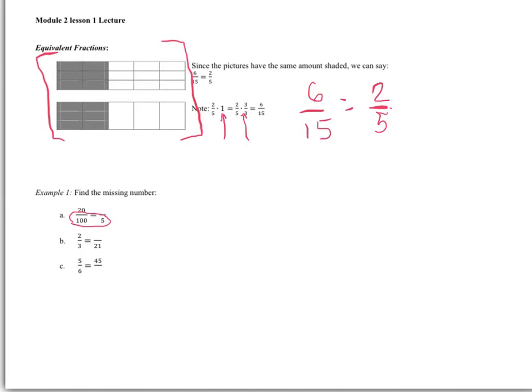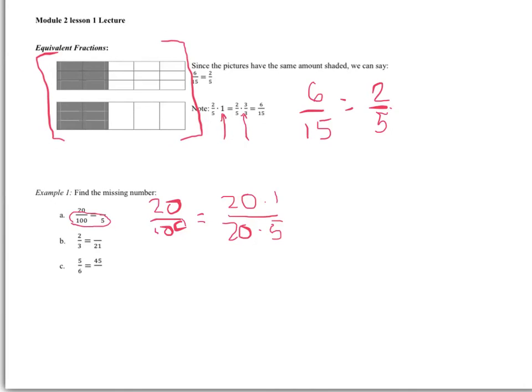Okay, so what I can do here is I can take my left-hand fraction, 20 over 100, and write that as 20 times 1 over 20 times 5. 20 times 1 is 20, and 20 times 5 is, in fact, 100.